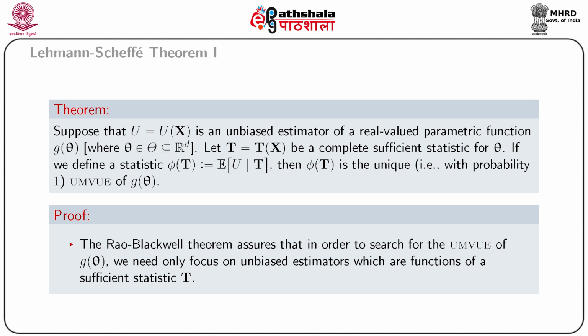The Rao-Blackwell theorem tells us that in order to search for the UMVUE of g(θ), we need to focus on unbiased estimators of g(θ) which are functions of the sufficient statistic T alone.